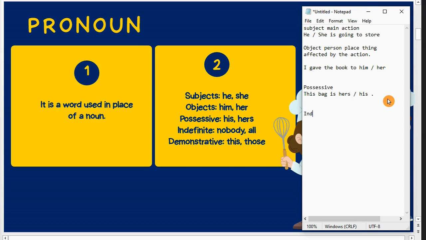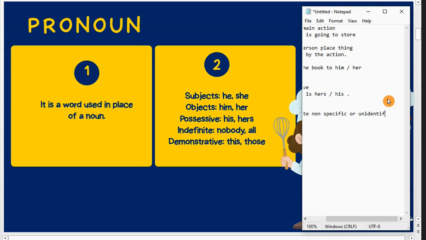Indefinite. Indefinite pronoun. If I talk about indefinite pronouns, then they are non-specific or unidentified people.